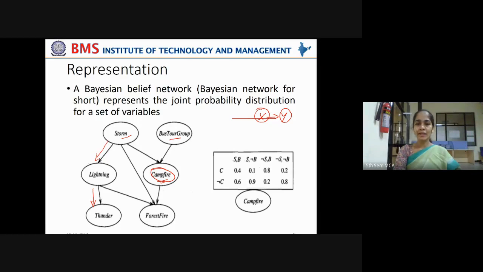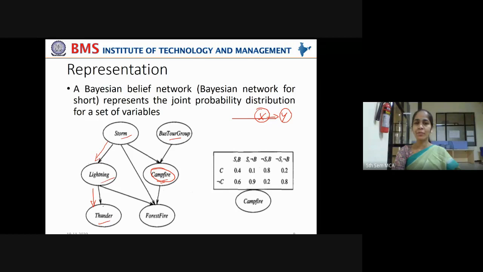Got it? Now we can also say that campfire is conditionally independent of lightning and thunder. Can you tell me why? Because lightning doesn't have any relationship with campfire in this diagram, and even thunder has no relationship with campfire in this diagram. Did you observe that? So we can say that campfire is independent of its non-predecessors.